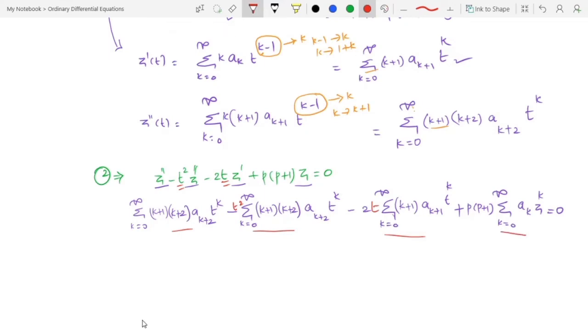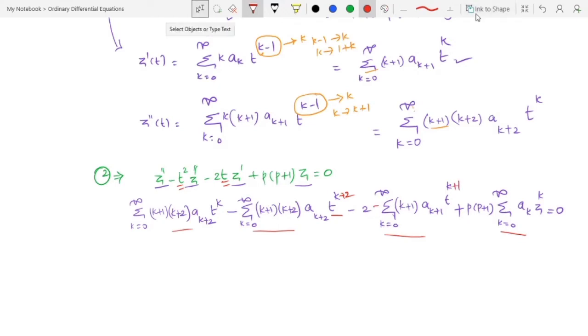Note the point here, minus t squared into z double dash. Already t power k, here t power 2, so we can write it as t power k plus 2. Similarly here t into t power k, that is t power 1 into t power k, t power k plus 1.